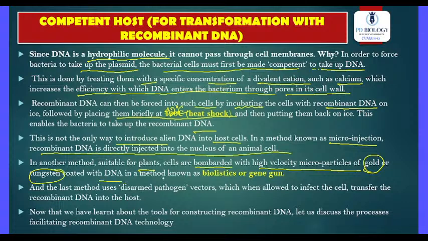That is called the gene gun or biolistic method. So one is microinjection, another is the biolistic or gene gun method. And the last method uses a disarmed pathogen vector, which when allowed to infect the cell, transfers the recombinant DNA into the host. Now we have learnt about the tools of constructing rDNA.